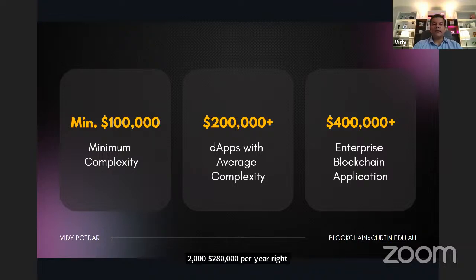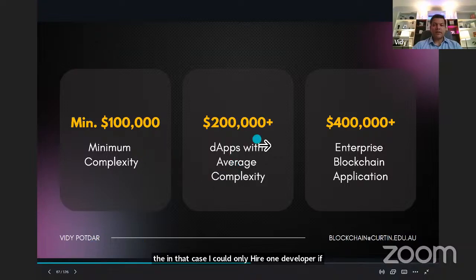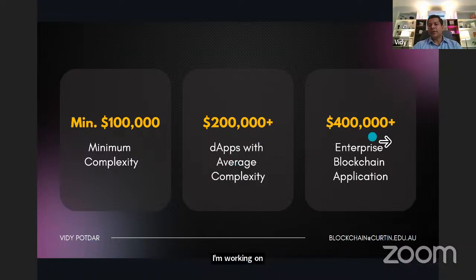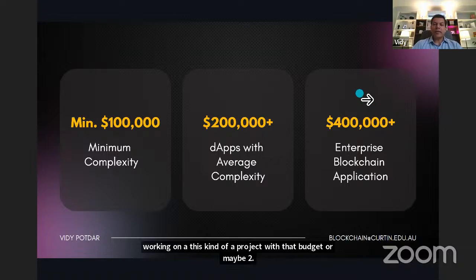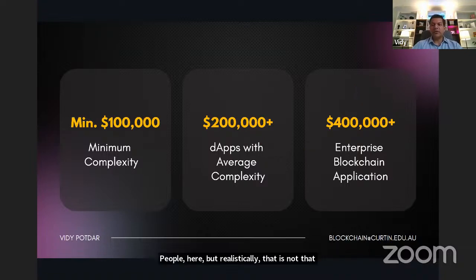In that case, I could only hire one developer for a project with that budget, or maybe 2 people. But realistically, it is not possible to have just 2 people working on one enterprise blockchain application.